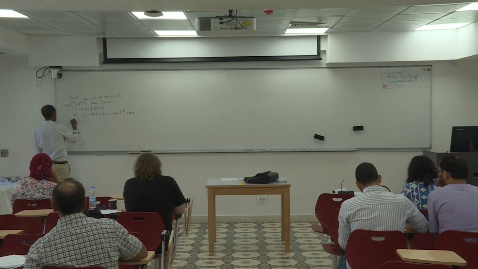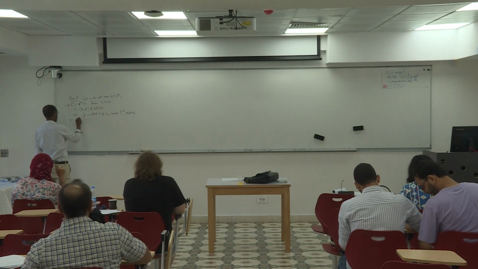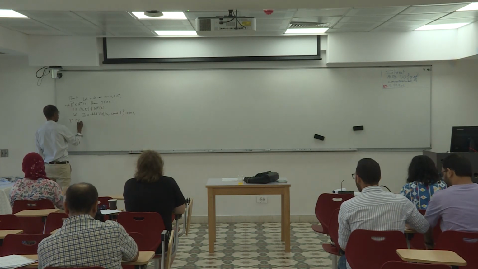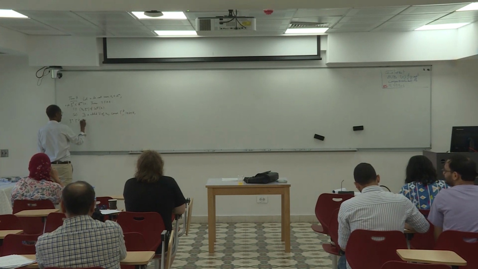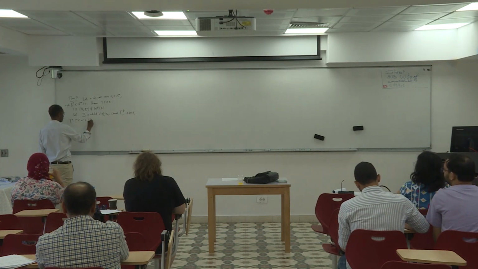This gamma j has the property that the inner product with c naught is less than 0 for all j.